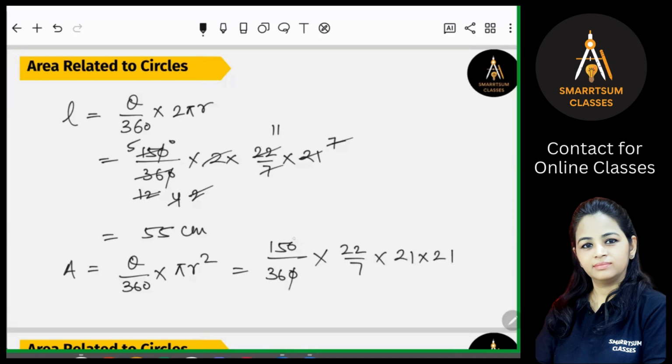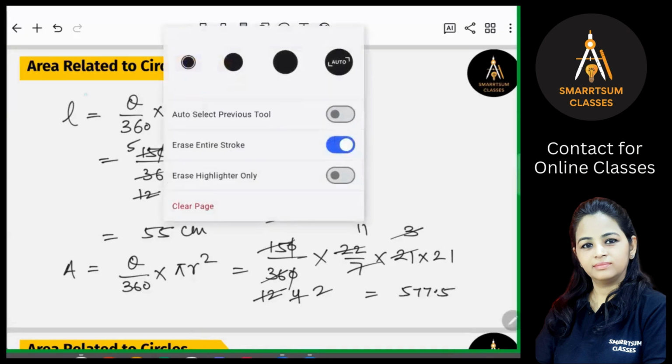Okay, now solve this. So what you will be getting? You can multiply whatever is given in the numerator.